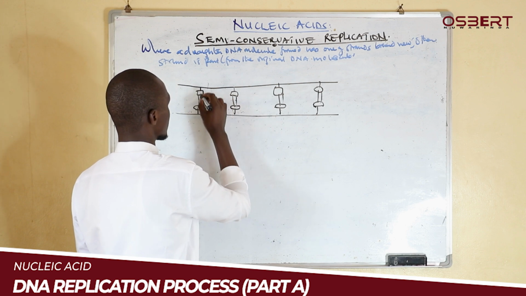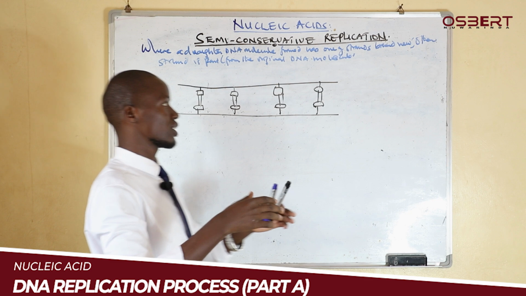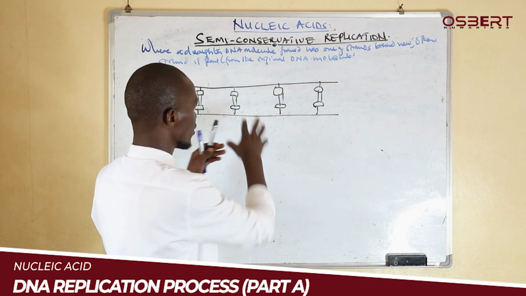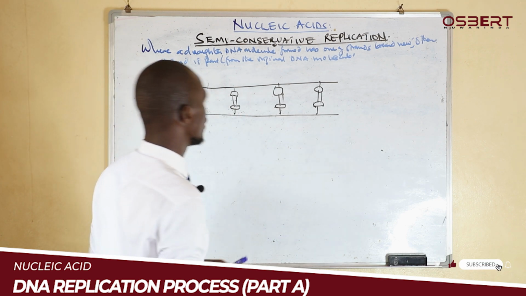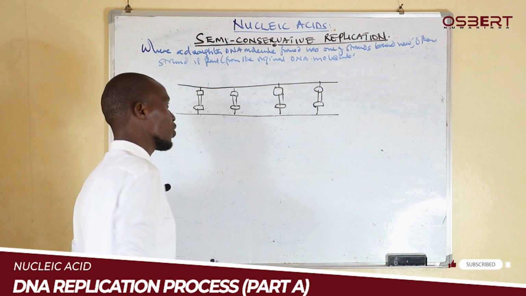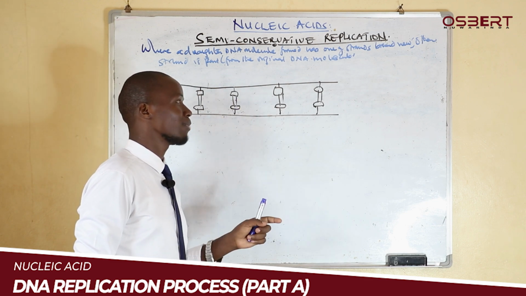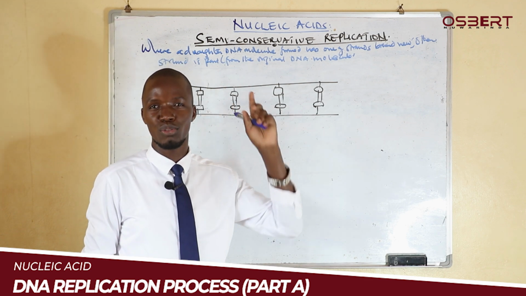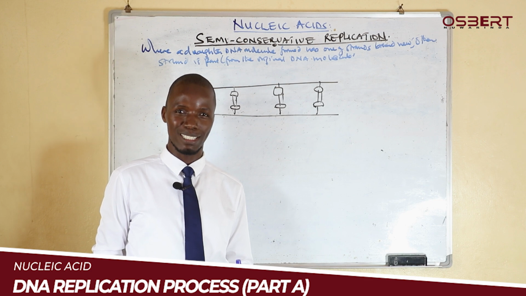So look at this scenario where you have a DNA molecule which is uncoiled. When we looked at the structure of DNA, we saw that it is made up of two strands which are antiparallel, for those who have been following me closely.